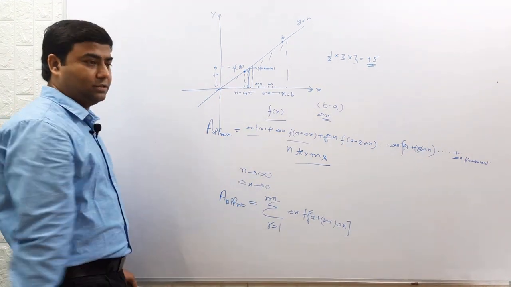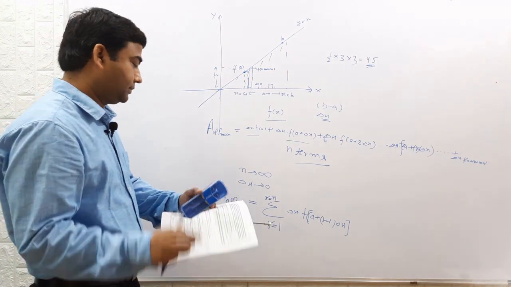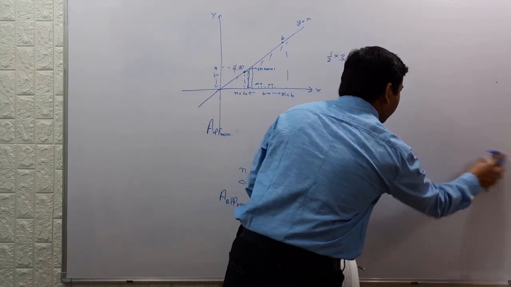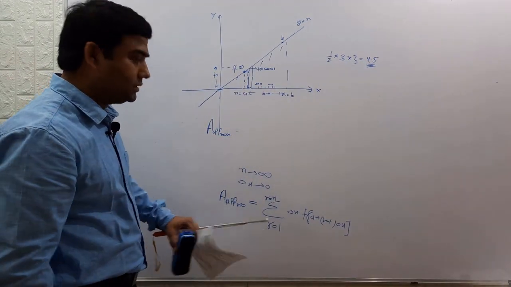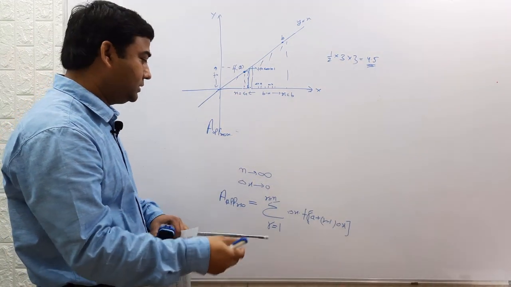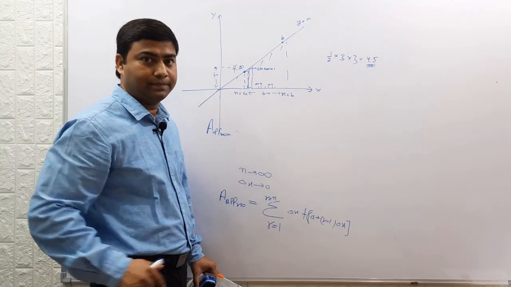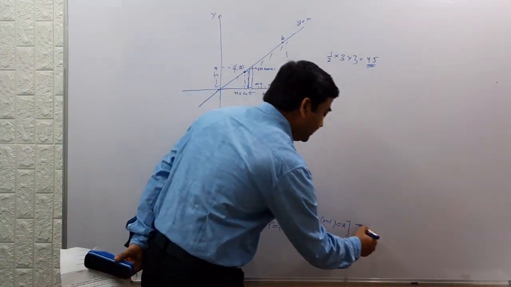Up to this is the method of exhaustion. This is the method of exhaustion. This is not integration. Actually, this series is converging in nature, and the name of this series is called Riemann series.